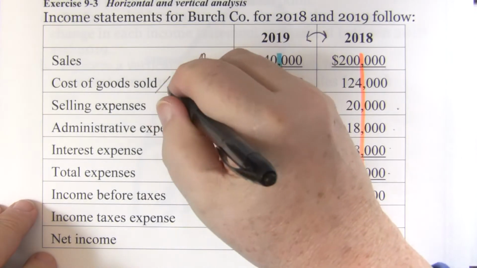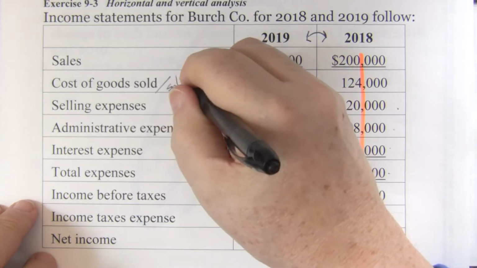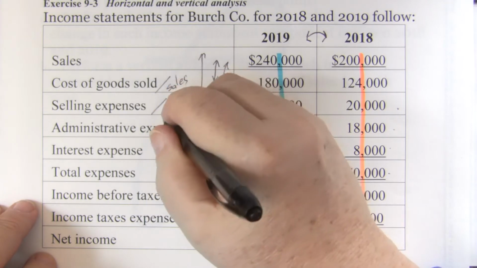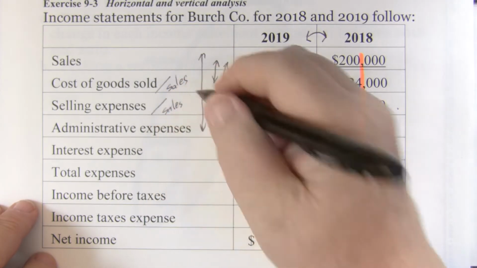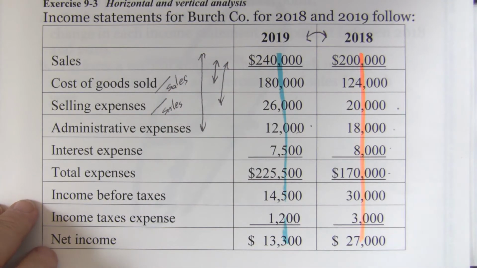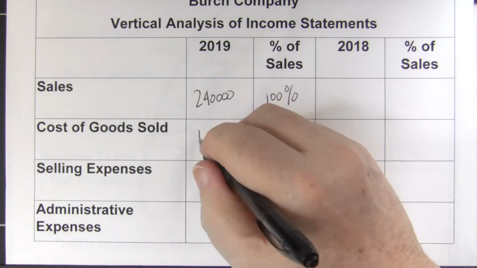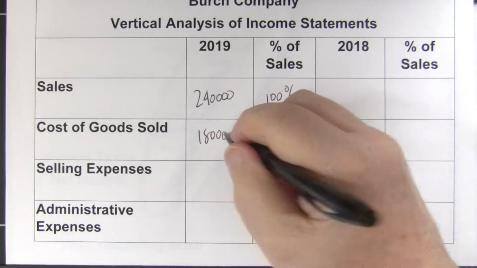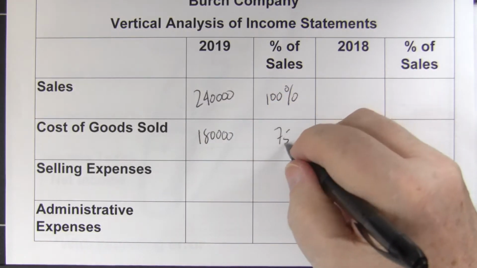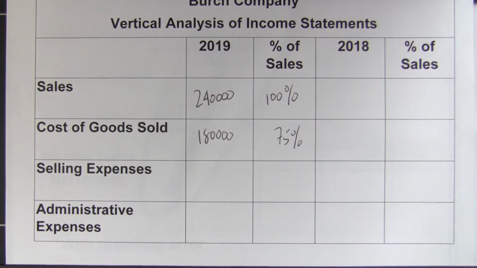We're taking this and dividing by sales. We're dividing everything by sales. So 180,000 divided by 240,000. That's equal to 75% of our sales.